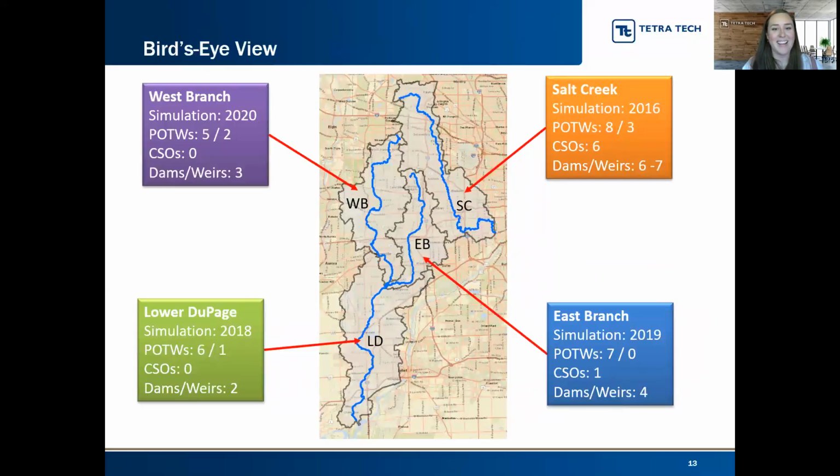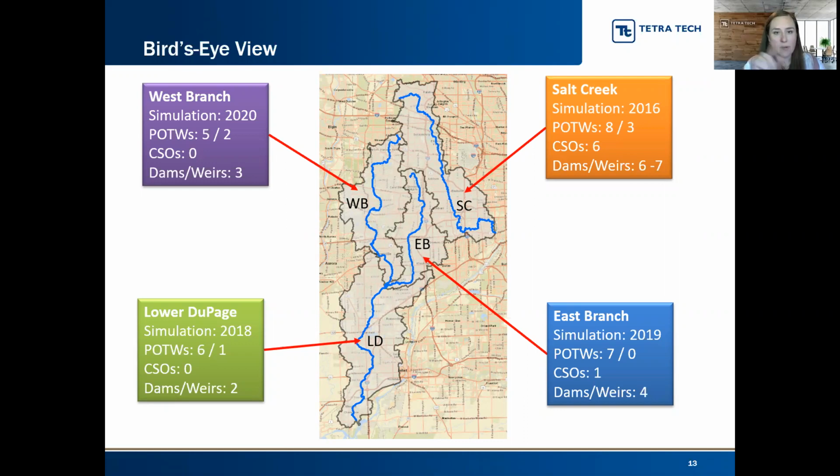Okay. So here's our bird's eye view. Like I said, I'm going to focus on the East Branch in the interest of time, but to give an overview for those who may not be as familiar with a watershed they're not located in: the West Branch simulation year that we chose was 2020.